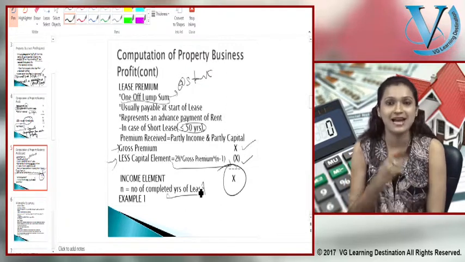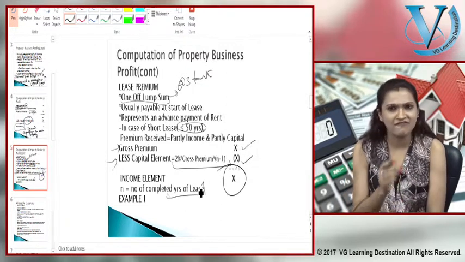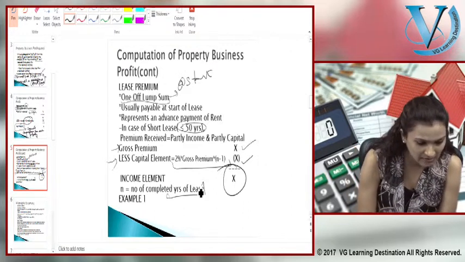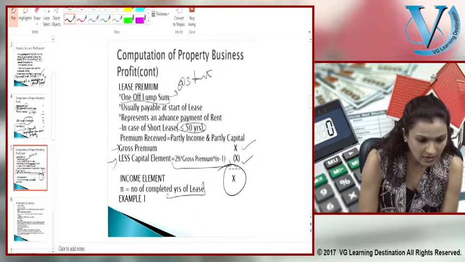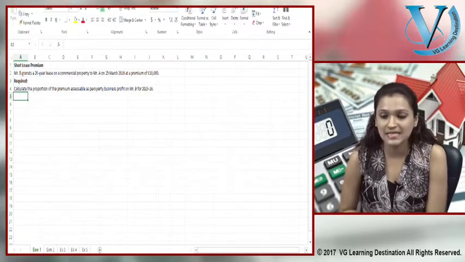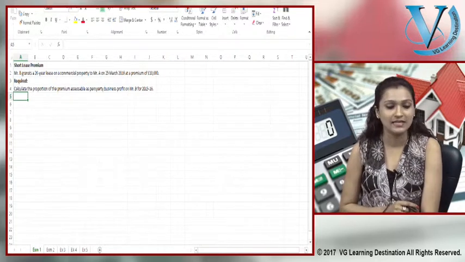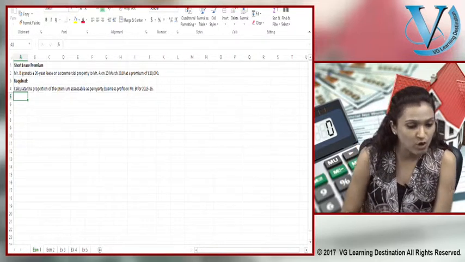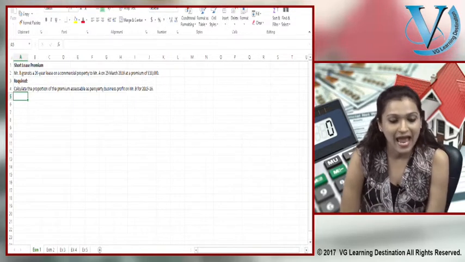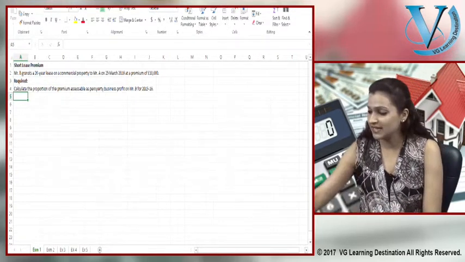Let's understand this with the help of a very, very basic example. Example number 1, short lease premium. Mr. B grants a 20-year lease on a commercial property to Mr. A on 25th of March 2016 at a premium of £10,000.